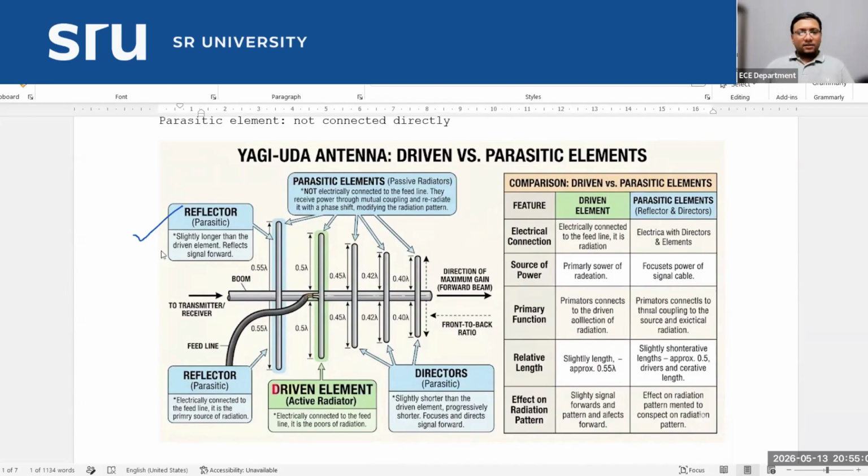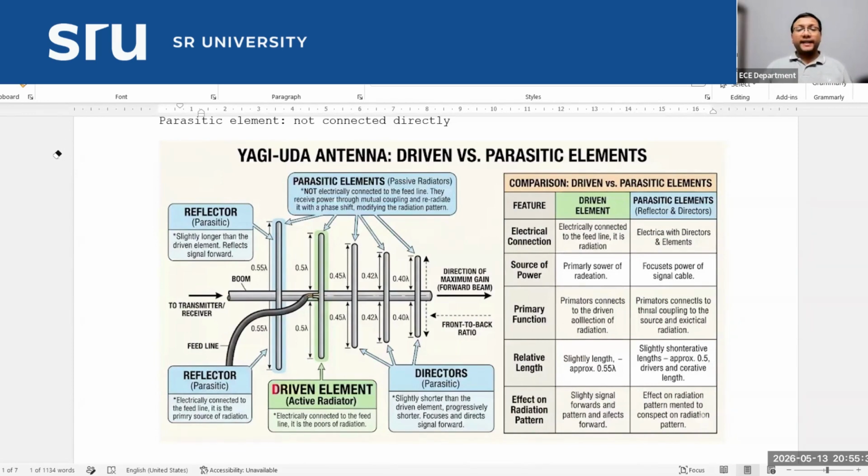If you look at this diagram, this is one layout for a Yagi-Uda antenna. This Yagi-Uda antenna is a very popular antenna for television reception, telecom.